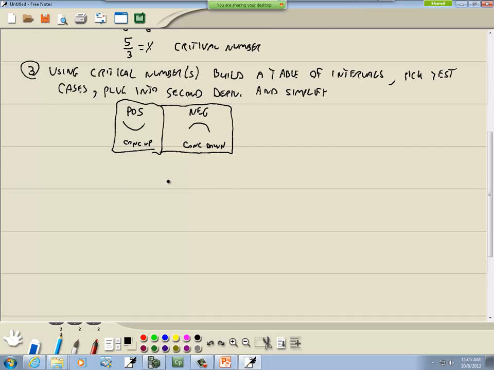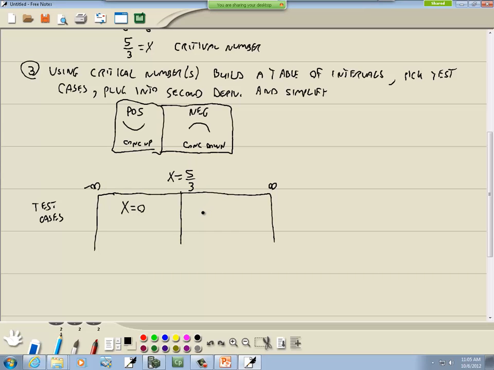Okay, so let's look at this one. We've got x is equal to 5/3. I'll build a table of intervals. Clear over here is positive infinity. Clear over here is negative infinity. We want to pick test cases. I want to pick a value between negative infinity and 5/3. 0 will be good.